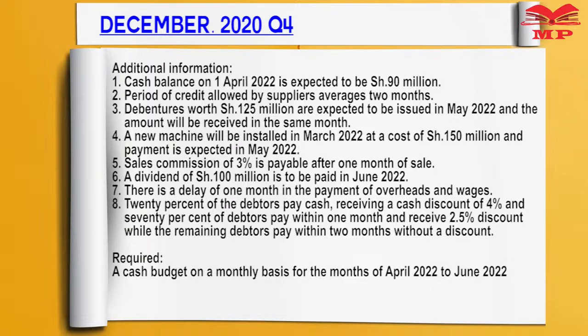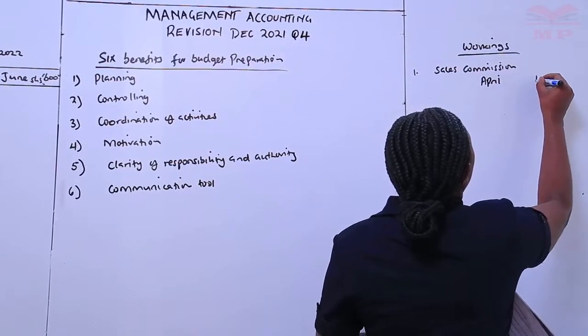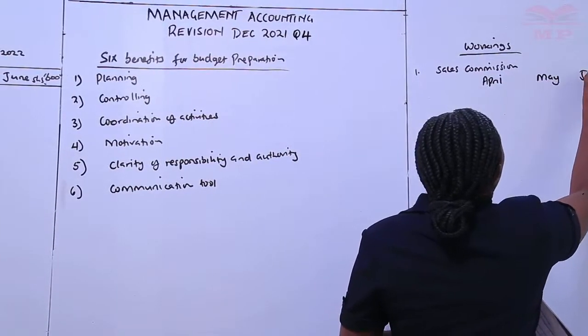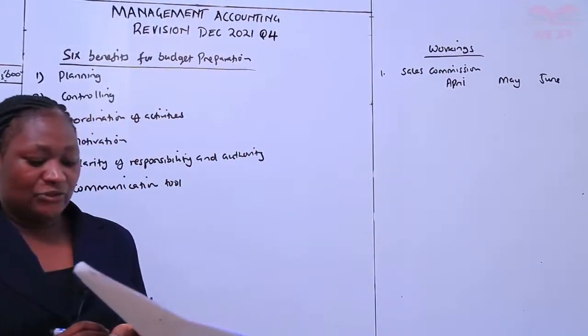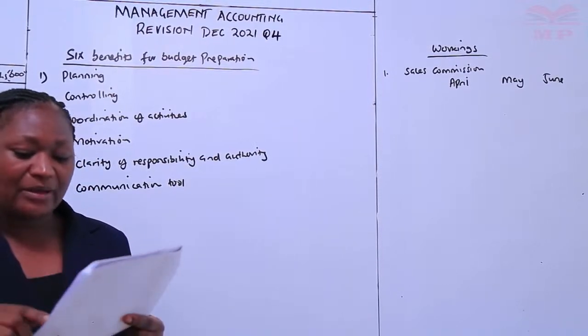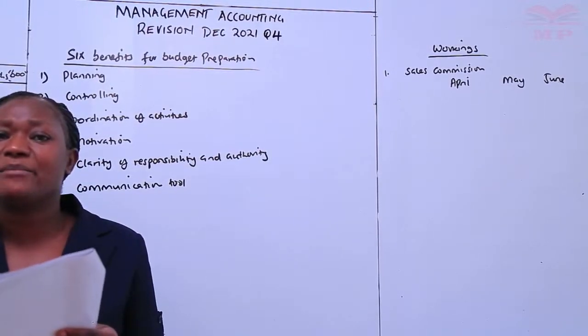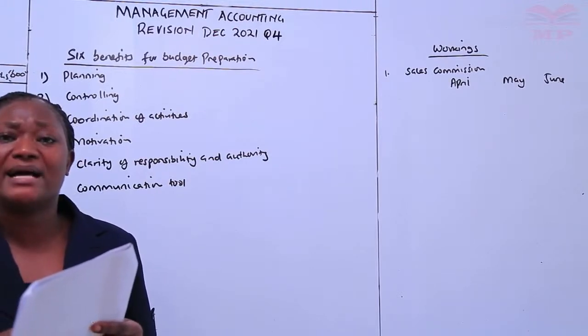So that means we want to calculate for the months of April, May, and June. So how will we calculate that? To calculate the sales commission for the month of April, we are looking at the sales for the month of March. What were the sales of the month of March?